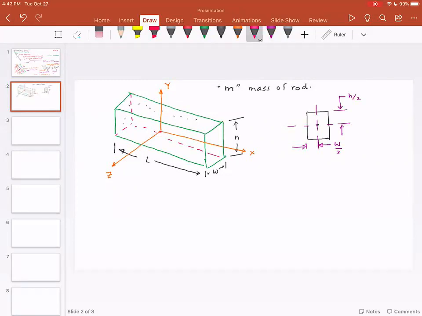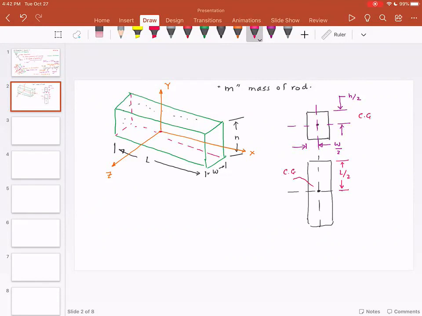If you look at the top view, the CG would be at the location L by 2. So this is the center of gravity.